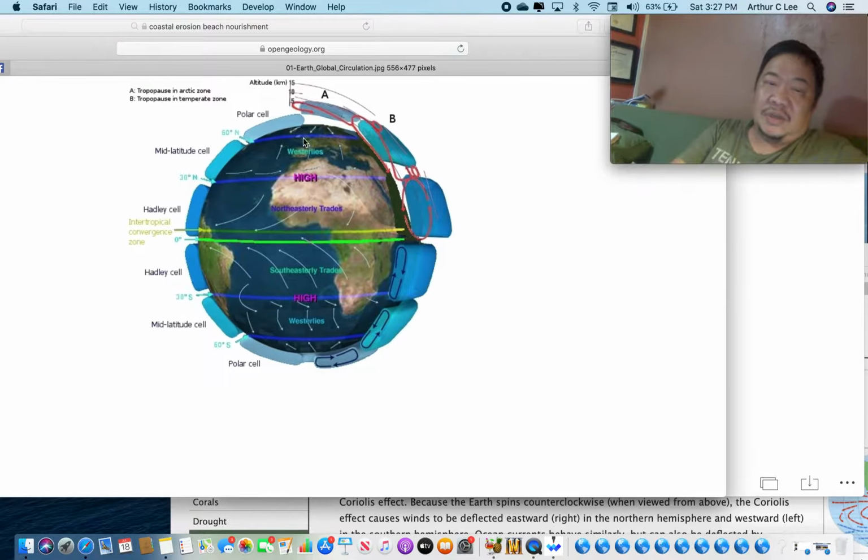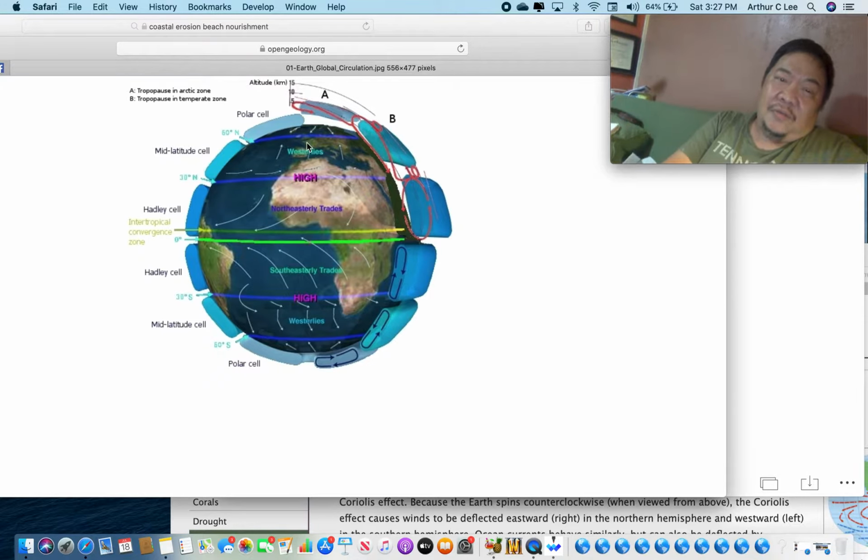We go to 60 degrees north and 60 degrees south, much colder, closer to the poles. Again, you have converging air because you have the easterlies, which move west, and the westerlies moving east, and then they come together, so you have converging air here at 60 degrees north and 60 degrees south, and therefore you have lots of snow and ice up here.